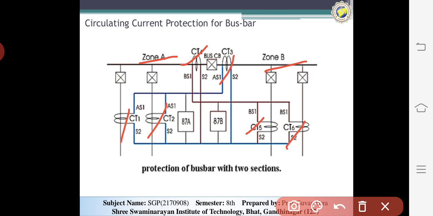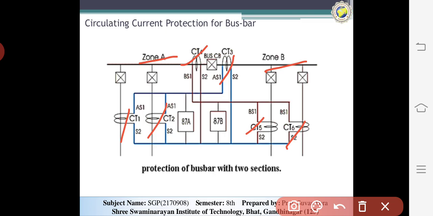Now here we can consider the two terminals for CT1, 2 and 3. You can see that 2 and 3 are connected together to the secondary bus bar, and in a similar way the CTs 4, 5 and 6 are connected together to the secondary bus bar.